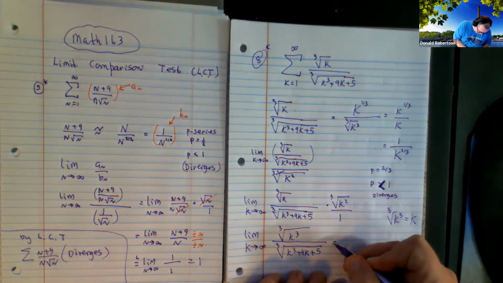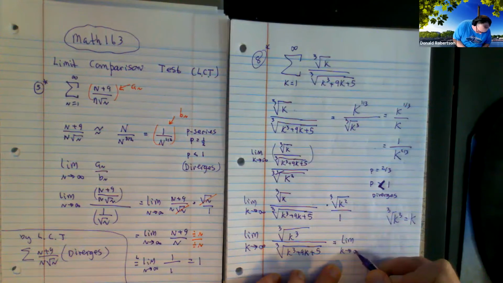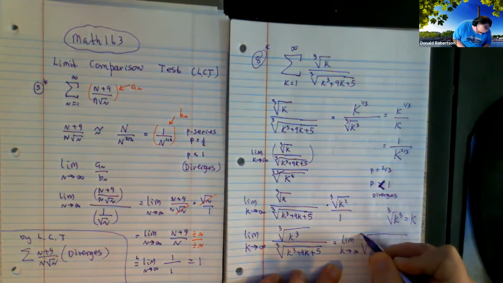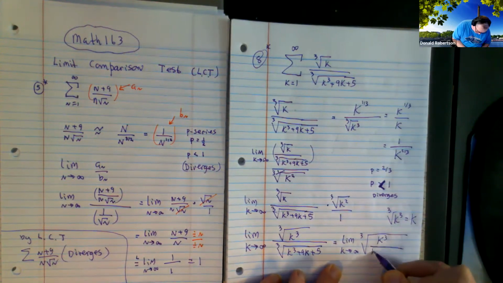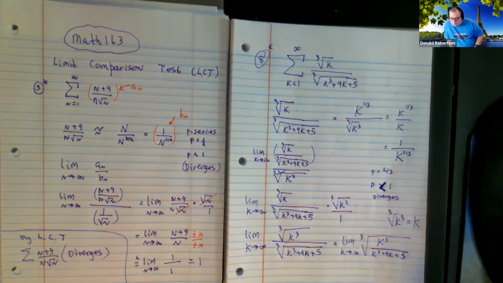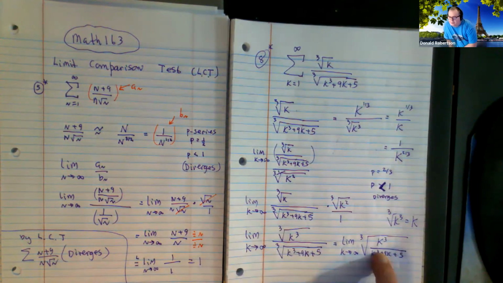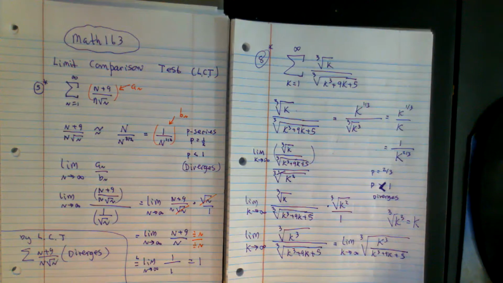I am now going to take both those cube roots and do that. Are you comfortable with two cube roots being replaced by a single big cube root? Yeah. Right?